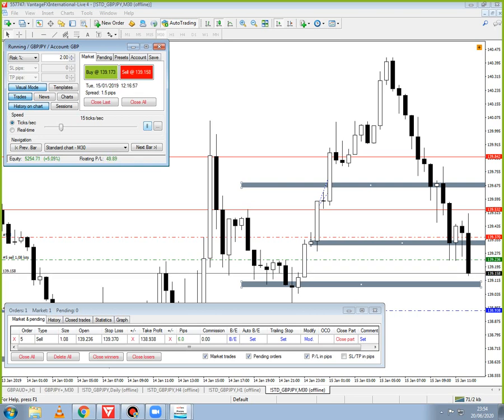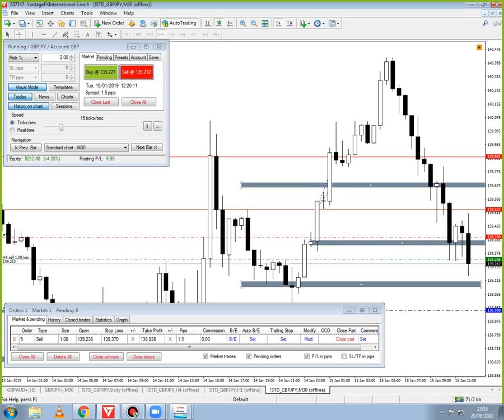Price pushing down. Yeah, so I think we'll secure something when we tap into this area here. Let the candle do its thing.